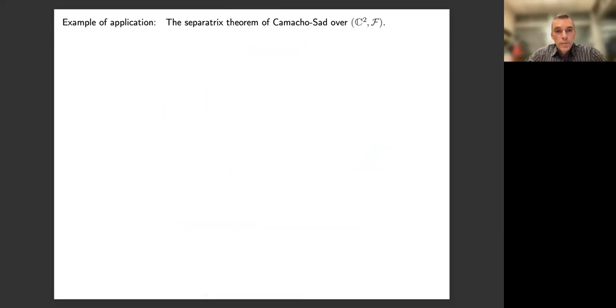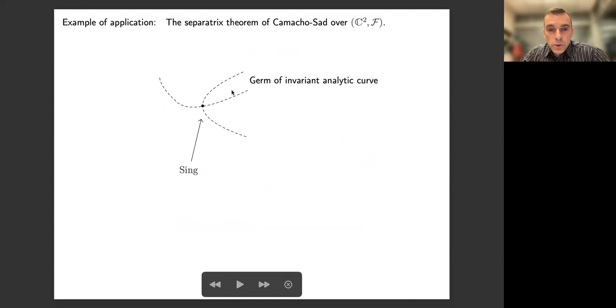So a nice example of application of this result is the so-called Separatrix theorem of Camacho-Sad, which says that if you have a germ of singularity of a foliation in dimension 2, in the complex domain, then there always exists an invariant analytic curve through the singularity, right? It's not true in the real setting. Think of the case of a singularity of center type.